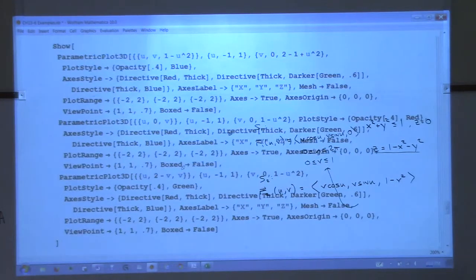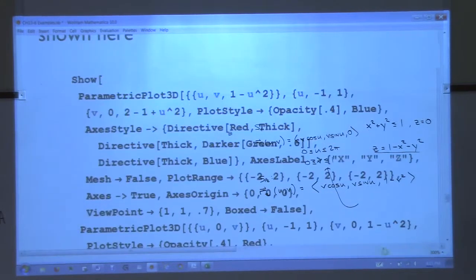Where are they? So if you want to go back and look at this, you can. One of them is this one, u, v, 1 minus u squared with u between negative 1 and 1, and then v is between 0 and 1 plus u squared.